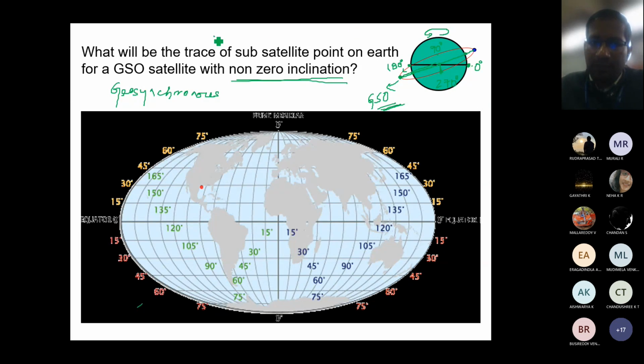If you want to make a trace of the movement of the sub-satellite point, the trace will be like this. Sometimes the sub-satellite point will be here, then it comes to the equator, then it goes towards south, again it comes to the equator, again it goes to north, like this. This is the trace of the sub-satellite point.